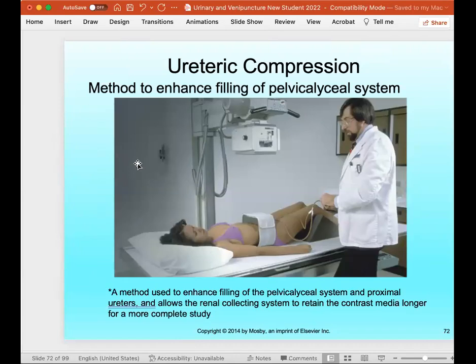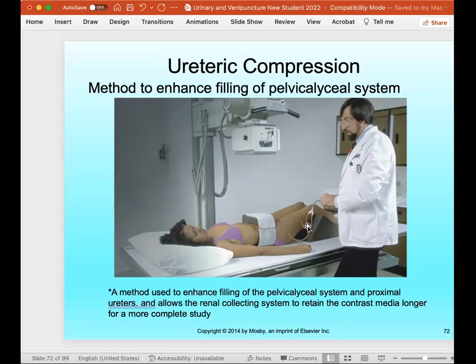You will see some questions about ureteric compression. Ureteric compression is a method of enhanced filling of the pelvicalyceal system. So it's going to help the contrast media remain longer in that area, the pelvicalyceal area, right in the kidney region.